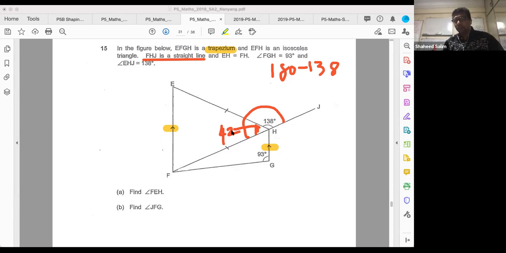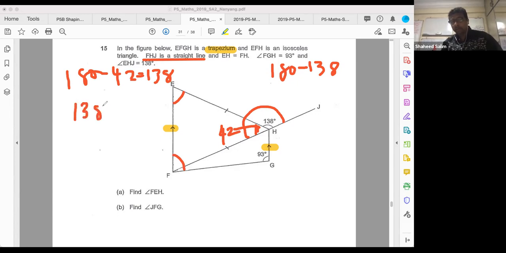We know this is 42, so 180 minus 42 gives 138. This plus this is 138. Divide it by 2, how much do you get? 69 degrees. So the answer for question A is 69.